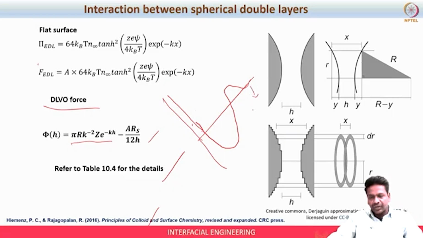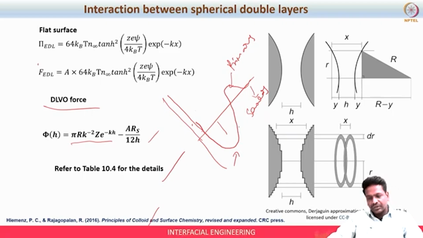This is the secondary minima. This is due to weak dipolar interaction. And this one is the primary maxima. This is the repulsive barrier, and this one is the primary minima.